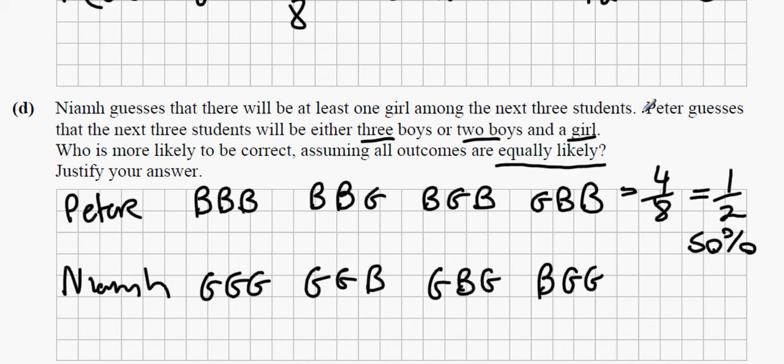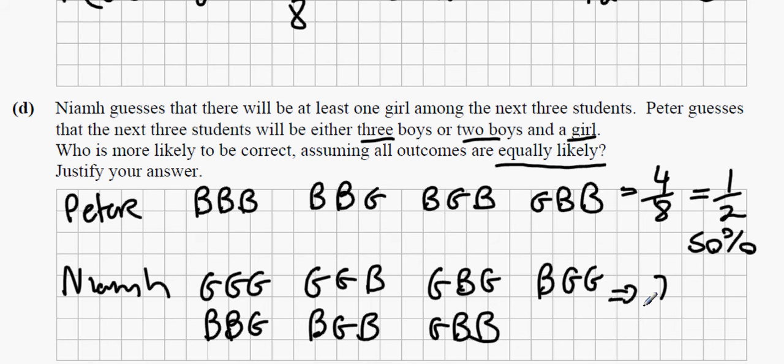And she's also allowed 1 girl and 2 boys, because she only needs 1 girl to make this work: boy, boy, girl; boy, girl, boy; and girl, boy, boy. What we can see is Neve has 7 out of 8, which is 87.5%.